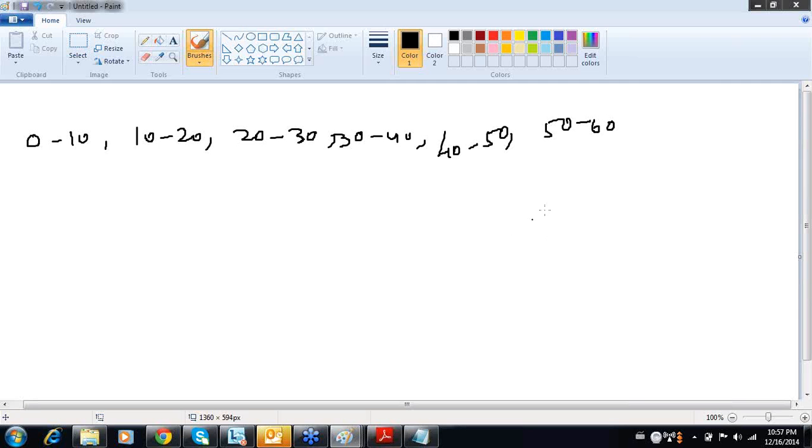This is the range in which I have to find prime numbers. I have to find one prime number in each of these six ranges.